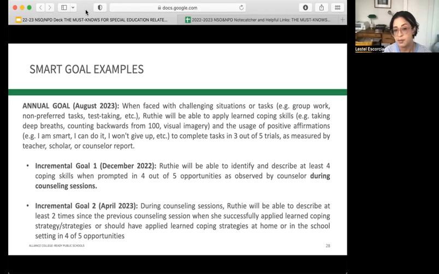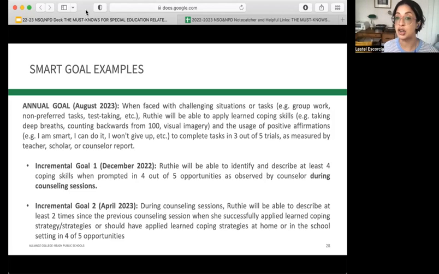So for the first goal, Ruthie will be able to identify and describe at least 4 coping skills when prompted in 4 out of 5 opportunities as observed by counselor during counseling session. This level of difficulty is lower than incremental goal 2, because for incremental goal 1, we're just wanting Ruthie to identify and describe coping skills, right?